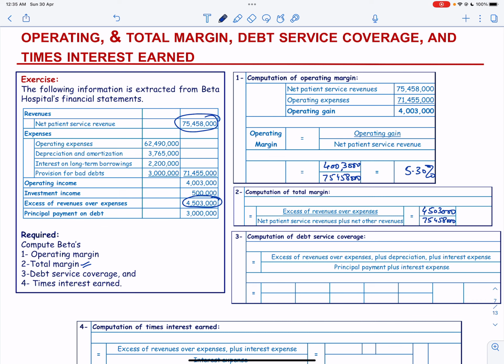There is no other revenues, and that is equal to 5.93%.